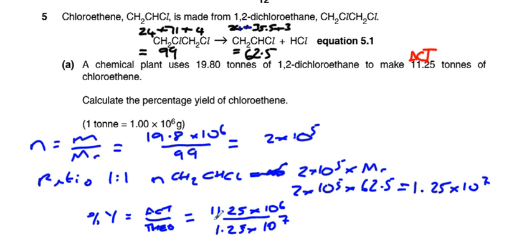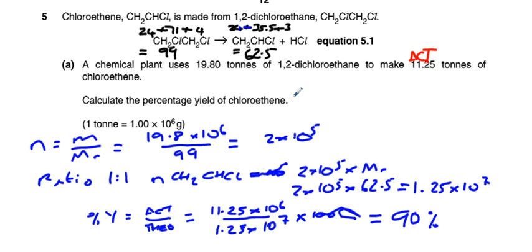Notice if I cancel down, I've got 11.25 over 12.5. Now I've got to times that by 100 to give me a percentage, and that equals 90%.